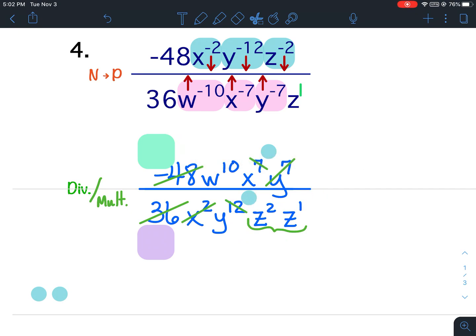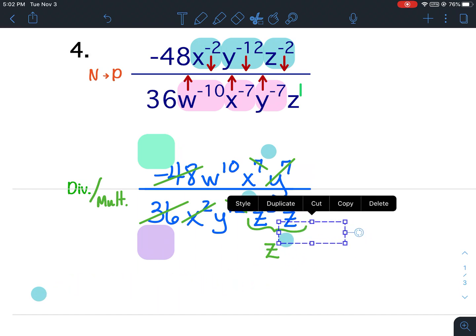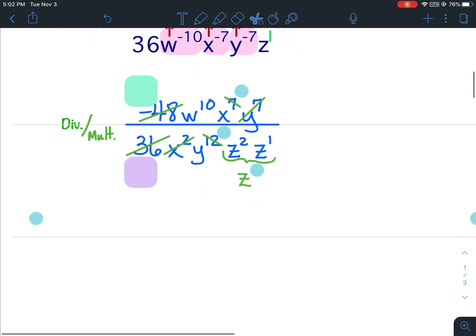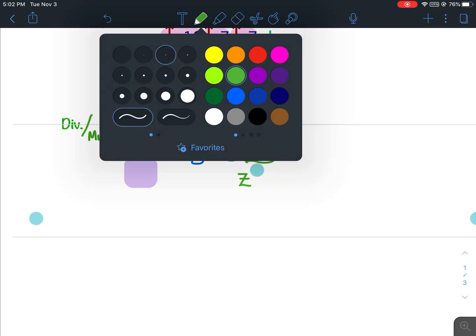And like I said, for the z terms, since it's multiplication, you will add those together and come up with your new exponent for the z. All right, now I know that's a lot to find yourself. Just be careful and make sure you complete the problem the correct way.